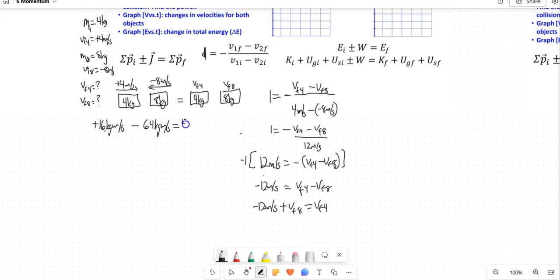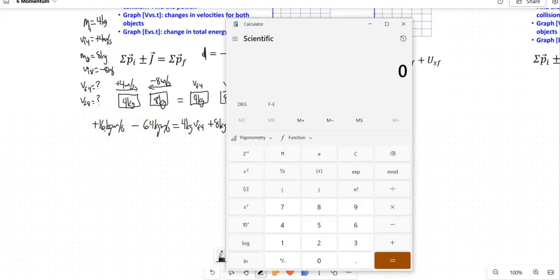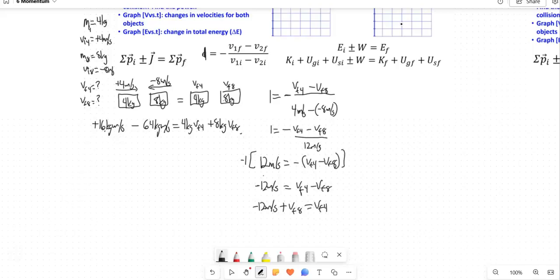That's going to be equal to 4 kilograms V final 4, plus 8 kilograms V final 8. 16 minus 64 is negative 48.